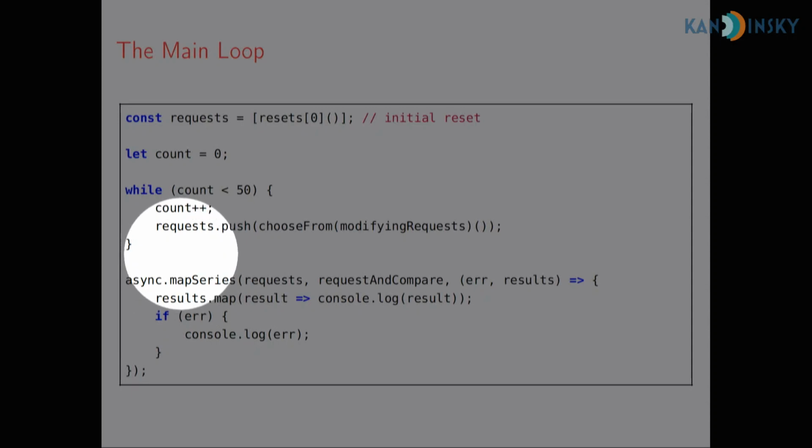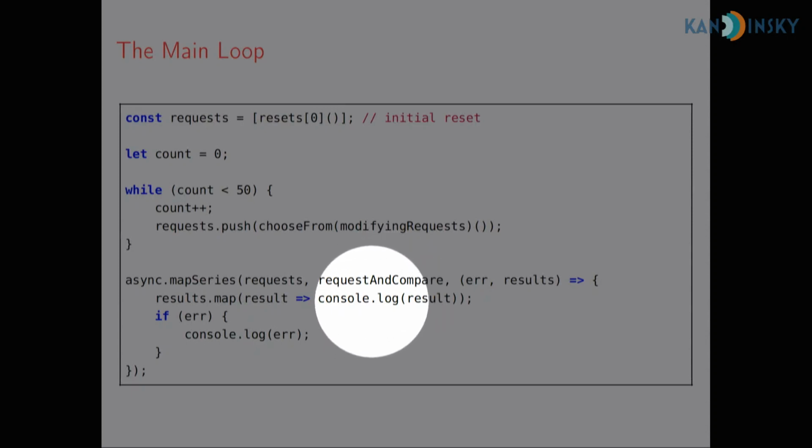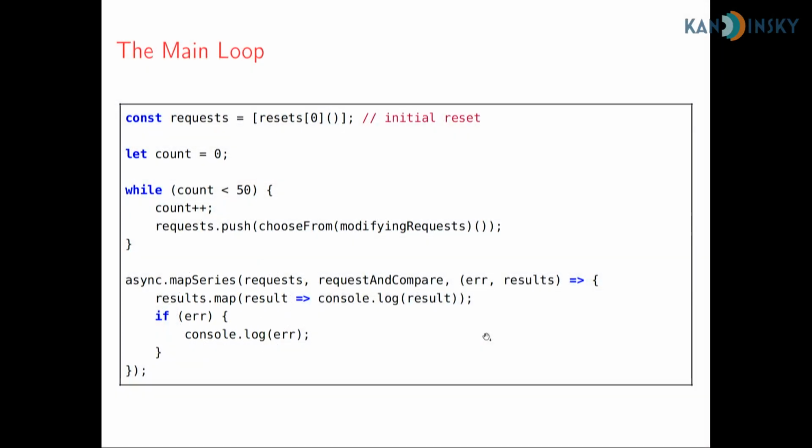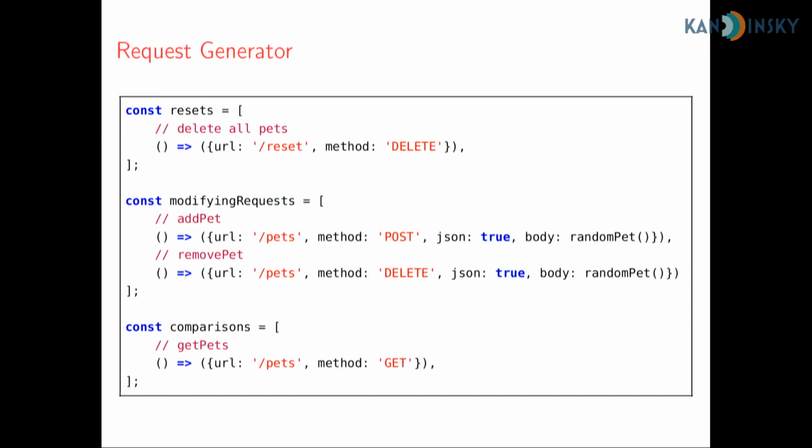And then I map over those requests, and I invoke a function called request and compare that actually does the request and then does the comparisons I talked about. And then in the end, I collect the results that came out of this and send them back or do a console log or something.